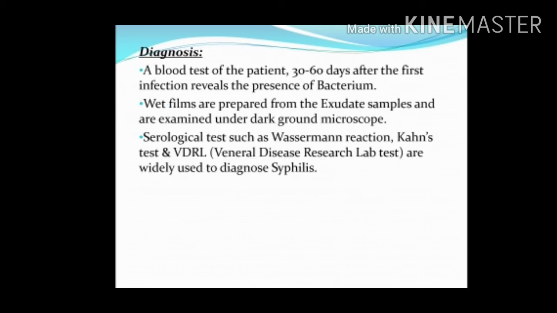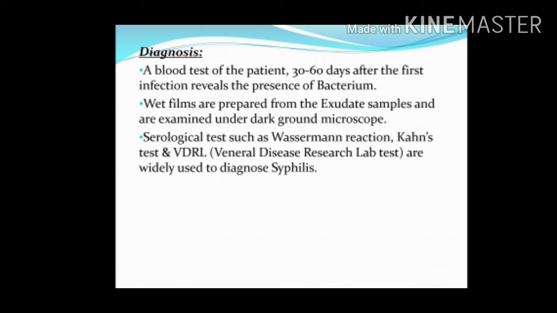Diagnosis, or how the disease is identified. A blood test of the patient 30 to 60 days after the first infection reveals the presence of the bacterium. Wet films are prepared from the exudates or discharge samples and are examined under a dark ground microscope.